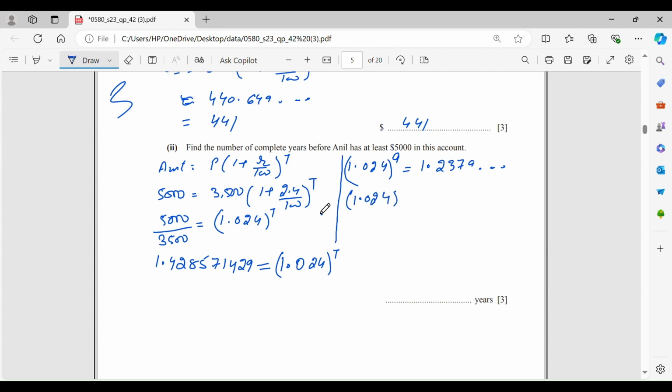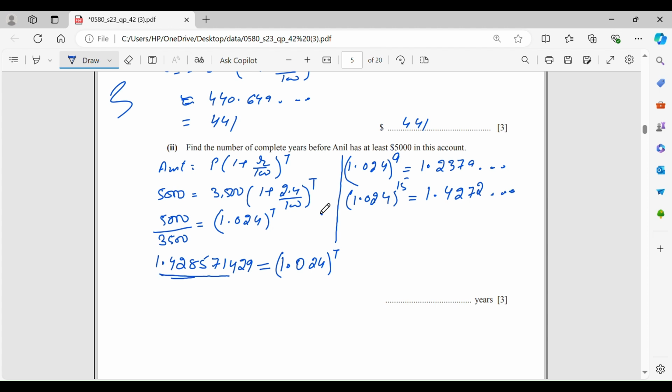1.024 raised to the power 15 is equal to 1.4272, so it is very near to this, right?